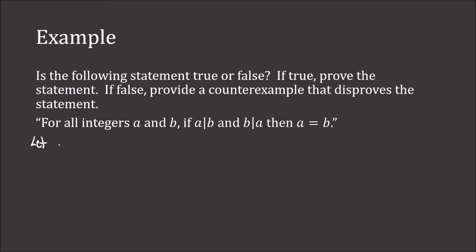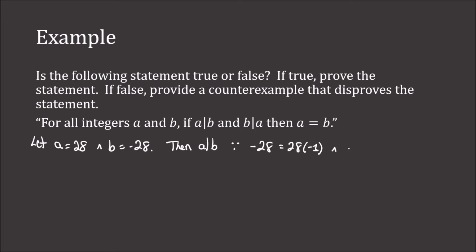So let a equal 28 and b equal negative 28. Well then, a must divide b, because we have negative 28 is equal to 28 times minus 1.